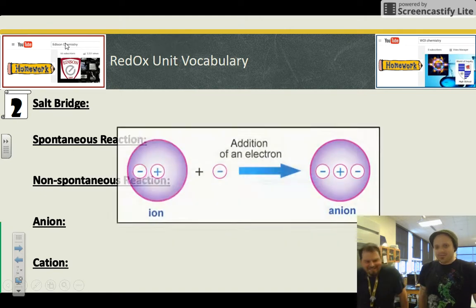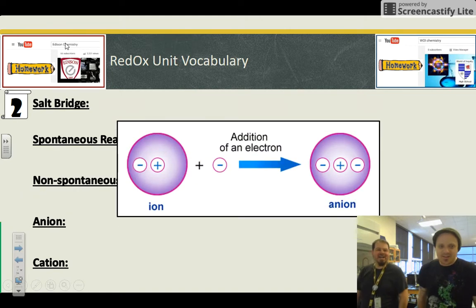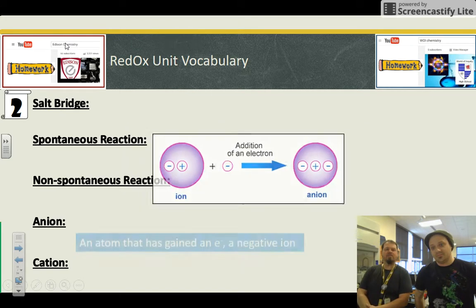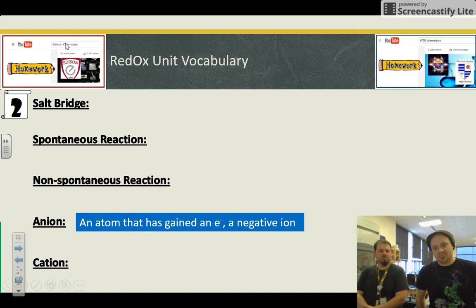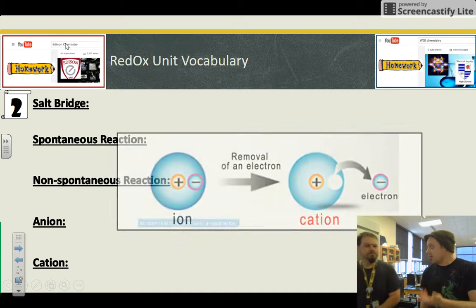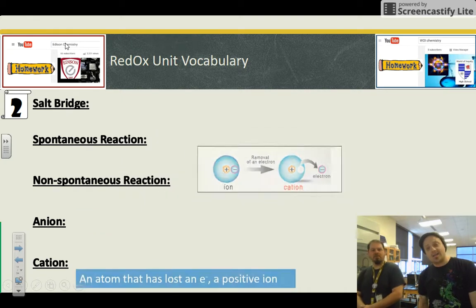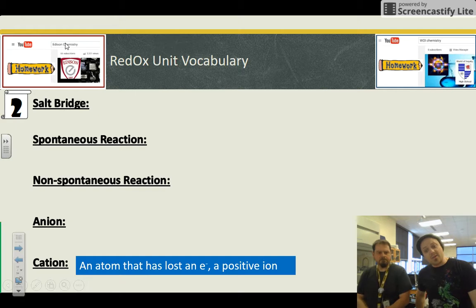Old school: anion, cation. The first one is anion. I see an ion gaining an electron and becoming more negative, and that's it. Old school definition back from atoms. An atom that is gaining an electron becomes a negative ion. We're hitting them up again because we're going to be talking about ions. Cation is the opposite of an anion. It's an atom that has lost an electron and become positive as a result.